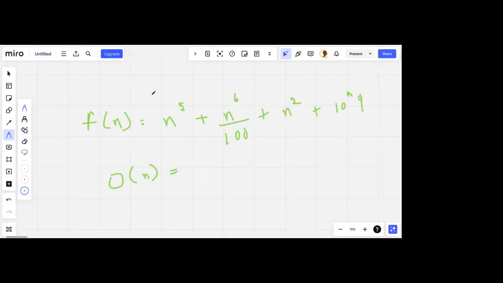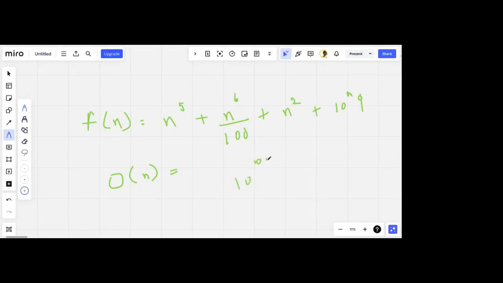You take the biggest term, and then you just put it here. Now see, this 10 to the power 9 is a big number. But guys, whenever we determine time complexity, that is for very large values of n, right? So let's say n is equal to 10 to the power 100.